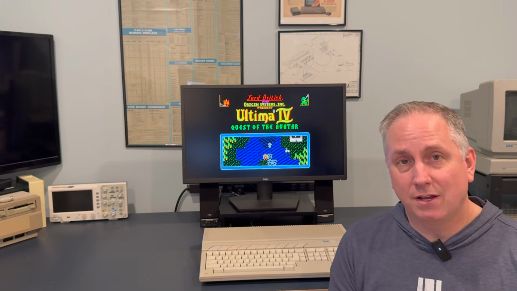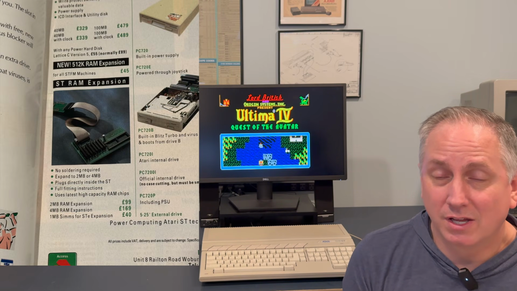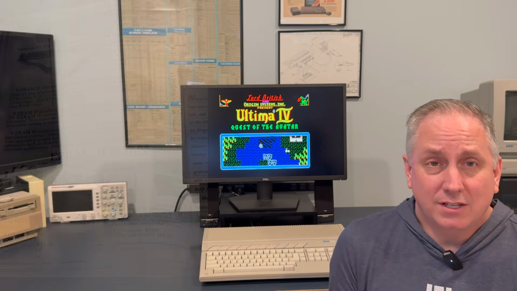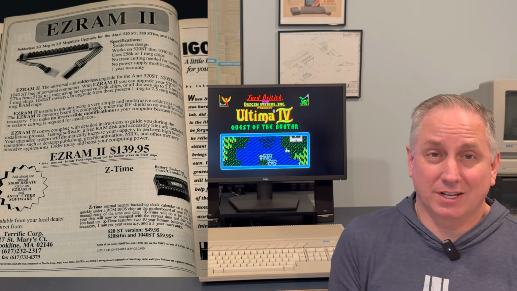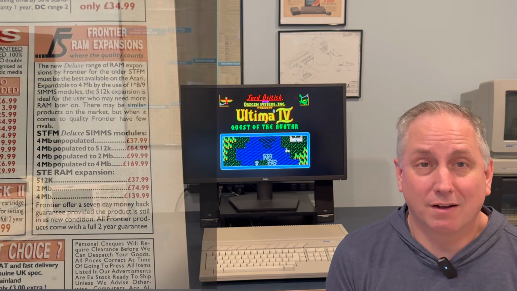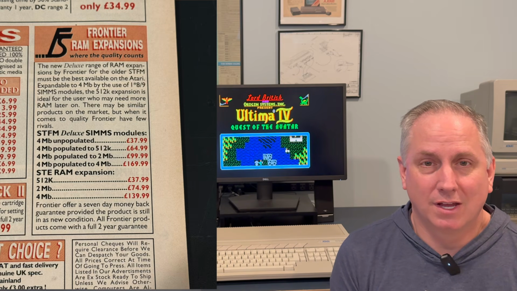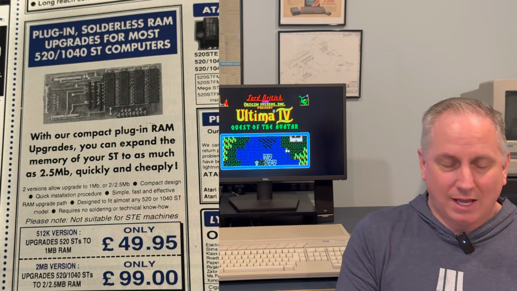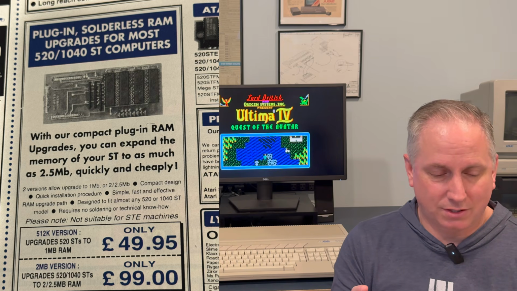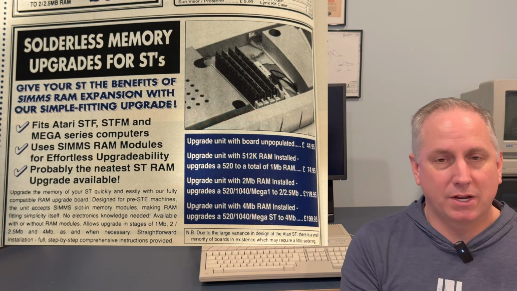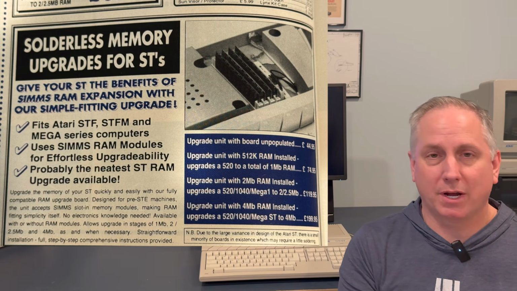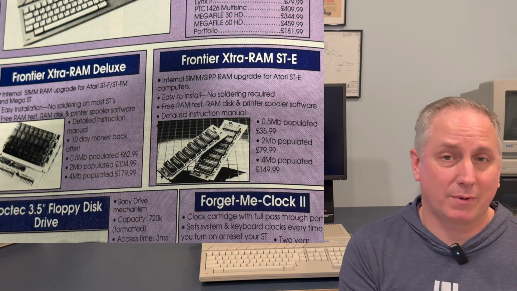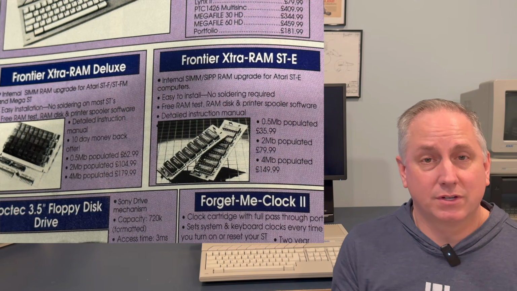And not only that, there were commercially available, relatively easily installable or not so easily installable versions of different types of upgrades. Now, they enabled configurations to upgrade from half a megabyte to 1 megabyte to 2 megabytes to 2.5 megabytes to 4 megabytes. And I've seen all of those, right?